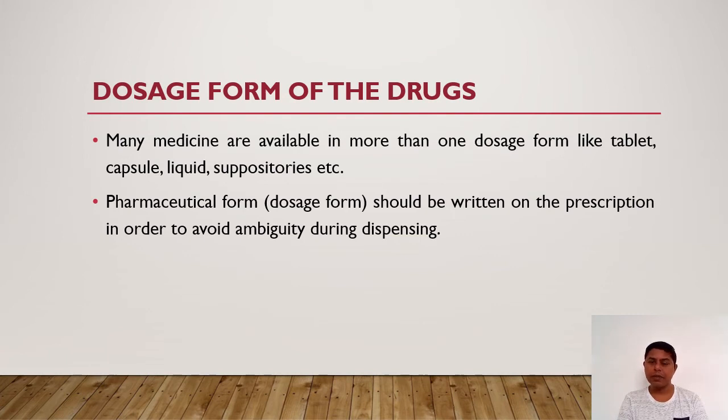Paracetamol is available in syrup, tablet form, injection form, and also in suppository form. Which form of drug needs to be dispensed? It will create confusion in the mind of the pharmacist. Therefore, mentioning the dosage form of the drug is important.